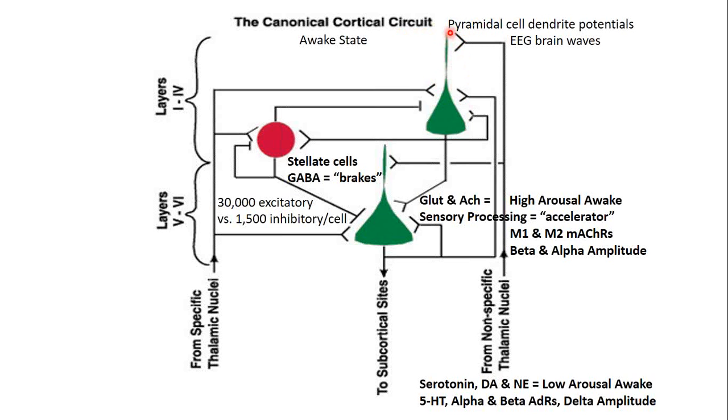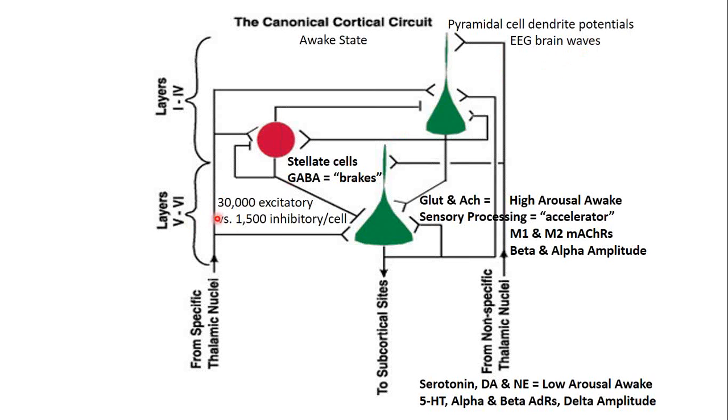When it's negative here in the apical dendrites and positive here down at the basal dendrites, we produce a dipole. Dipole, meaning the two different poles, just like a battery, have two different sets of charges or net charges. And so we get a flow. We get a flow of current around these outer layers of pyramidal cells. So basically, pyramidal cell dendrite potentials are the source of the EEG brain waves.